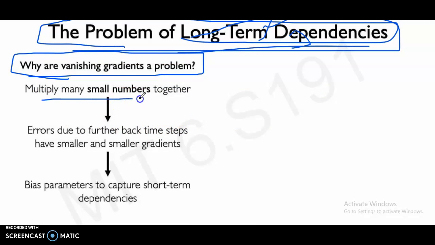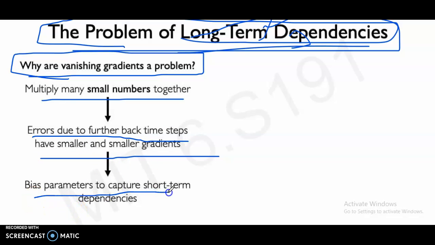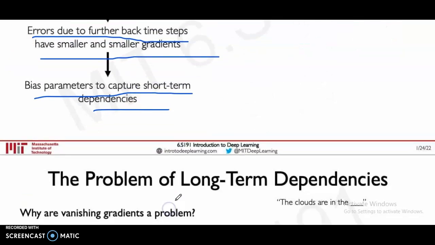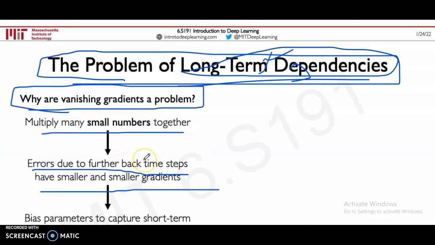Multiply many small numbers together, then errors due to further back time steps have smaller and smaller gradients. So the network biases parameters to capture short-term dependencies. What is the problem?